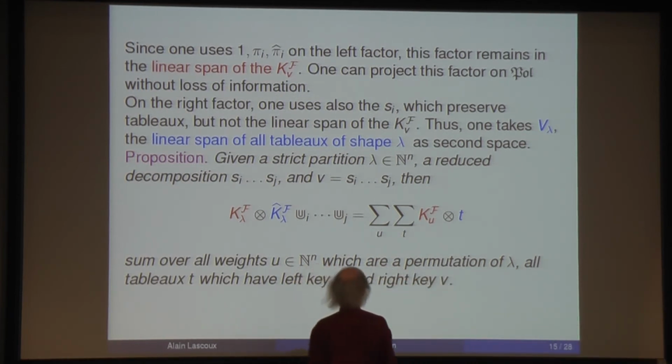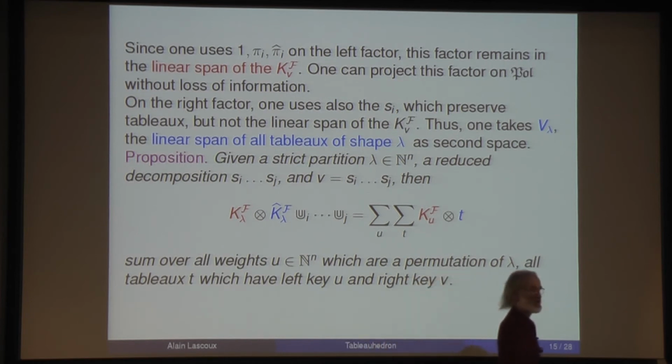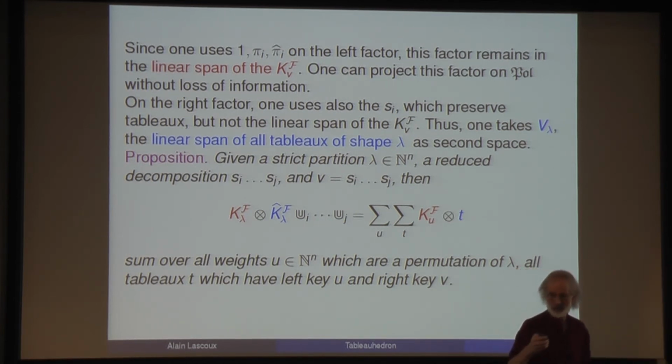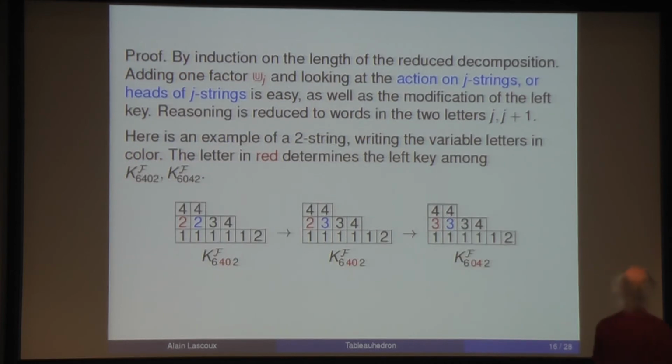So here you have the left key, but you have also the right key. So what I say is that we have an algebraic operator on Word, which builds tableaus which have a fixed left and right key. Here it looks a bit mysterious, we shall see.